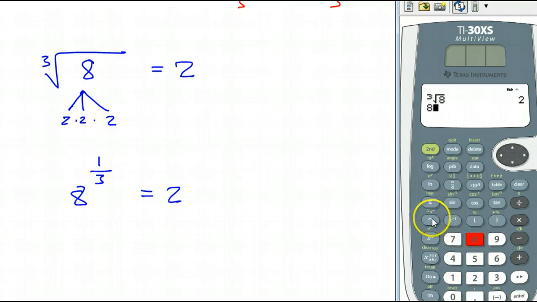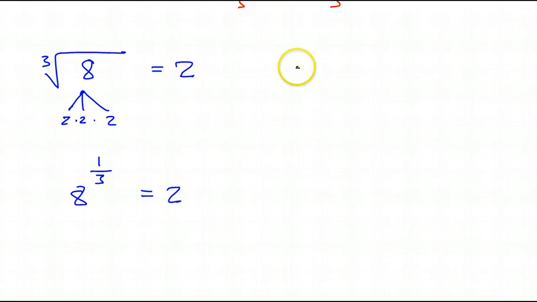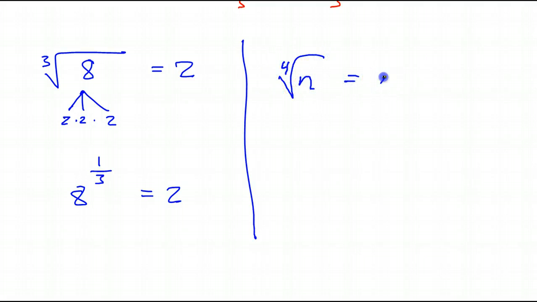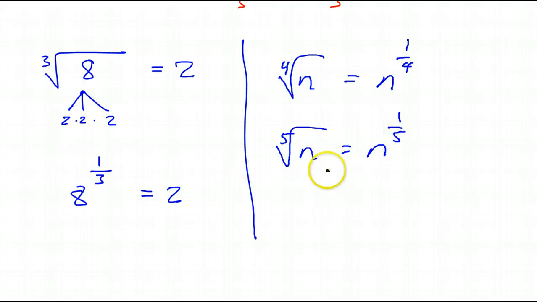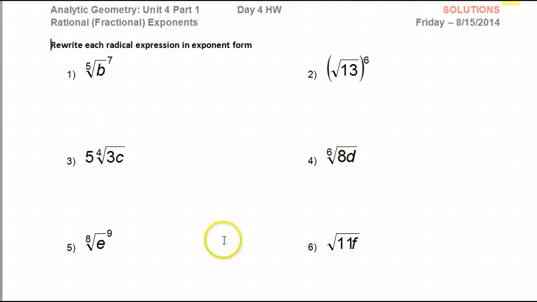So now let's take a look at 8 to the 1/3 power. Okay, so hopefully you're convinced now that the square root is the same thing as 1/2 power, cube root is the same thing as the 1/3 power, and it goes on from there. You could say that 4th root is the same as n to the 1/4 power, and so on. Okay, hopefully you're comfortable that that's true now.